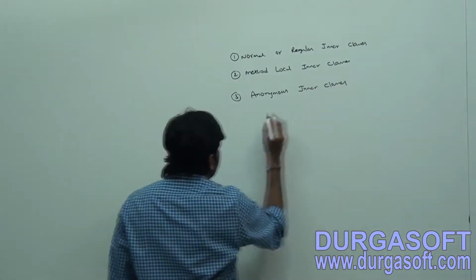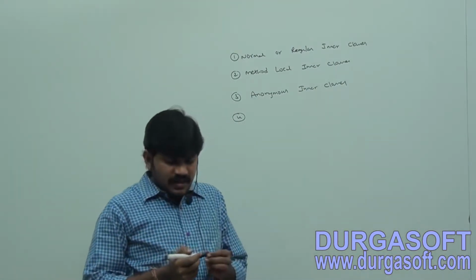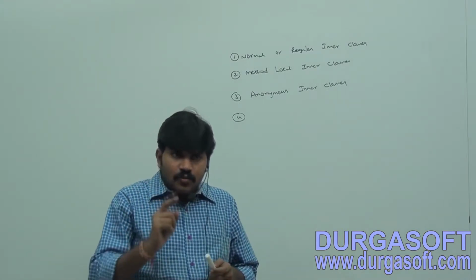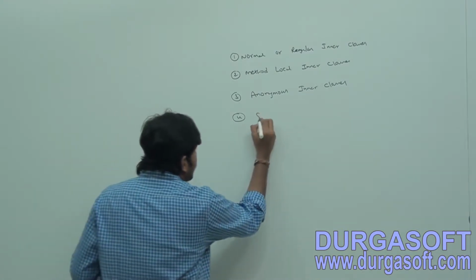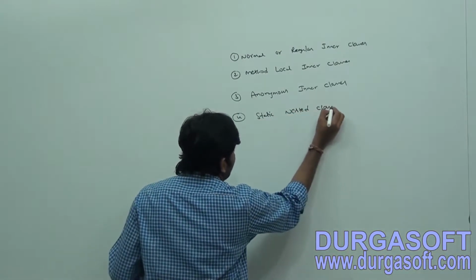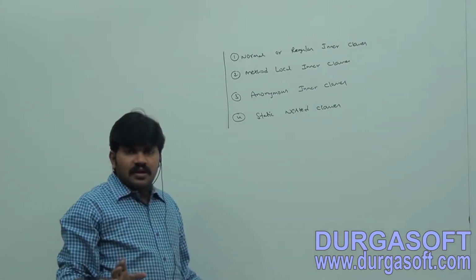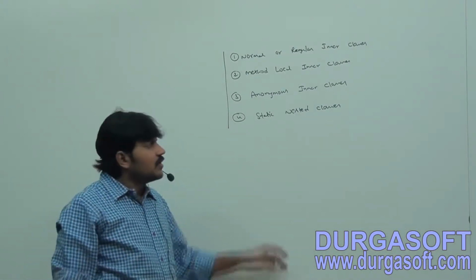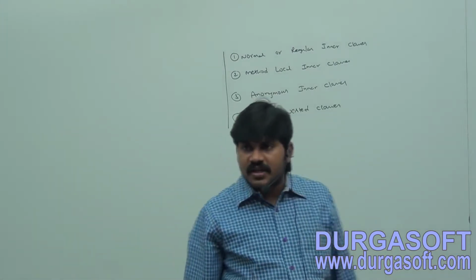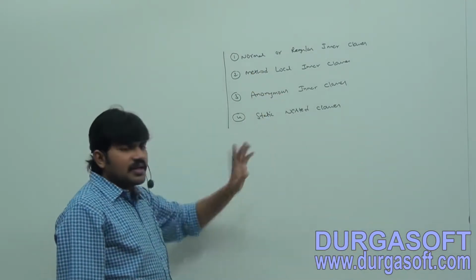Fourth one: sometimes I can declare an inner class with a static modifier. Such a type of inner class is called static nested classes. So simple. Based on position of declaration and behavior, all inner classes are divided into how many categories? Four: normal or regular, method local, anonymous, static nested classes.